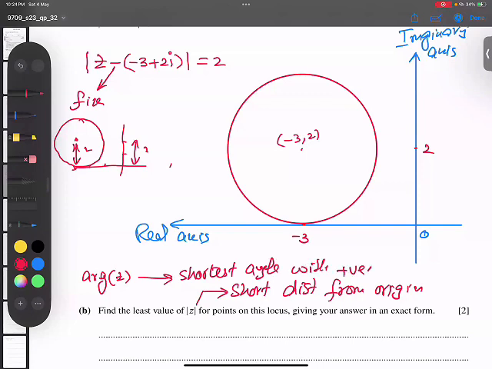That is just extra knowledge, I'm just revising the concept. Short distance from the origin. So if I make a line joining from here till here, this is the distance we have to find.